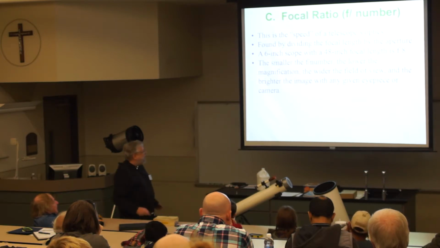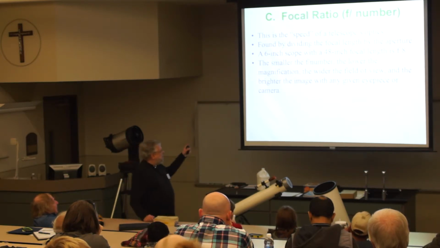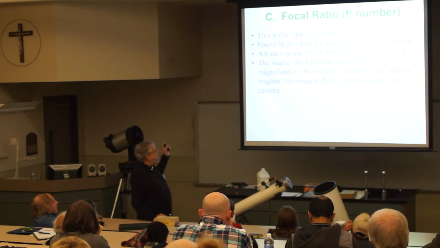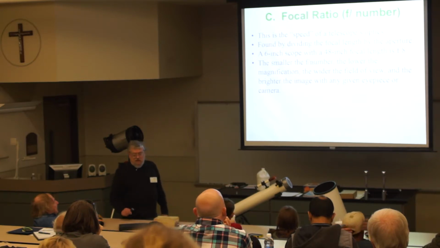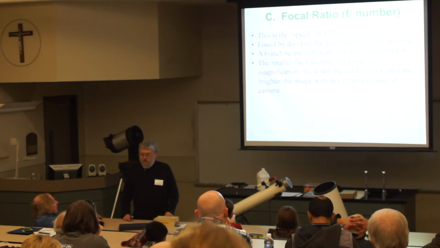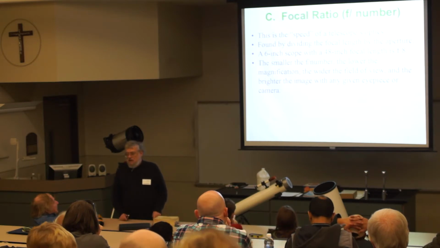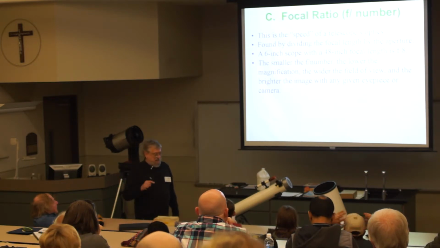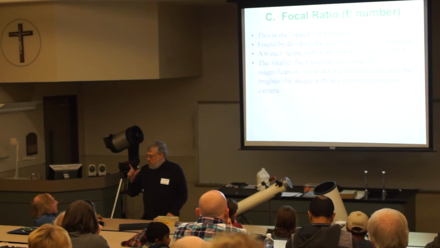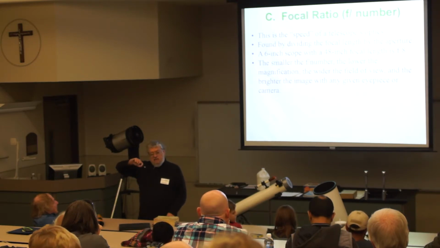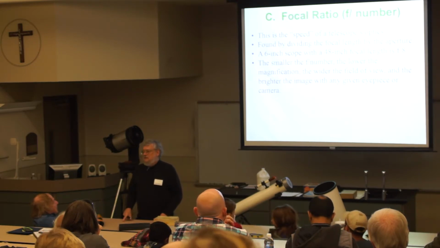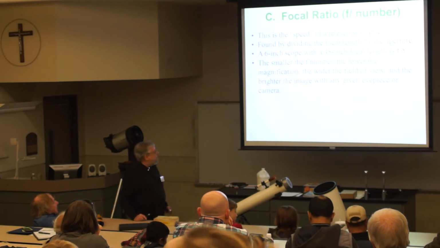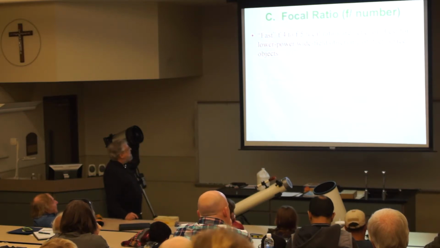The smaller the f number, the lower the magnification, the wider the field of view, and the brighter the image, all else being equal. Those of you with camera knowledge know that. If you have a lens on the camera that when it's wide open it's f1.4, if you stop it down to f16, the image is not going to be as bright. Same deal.